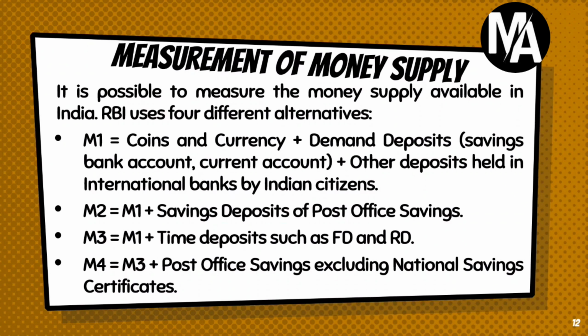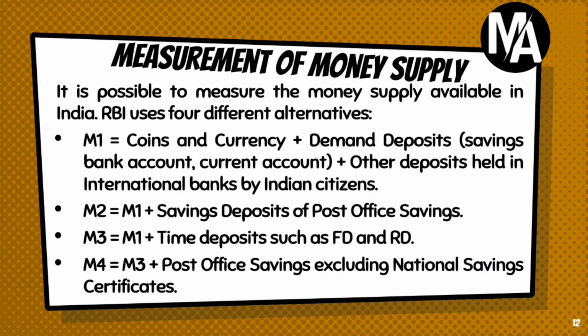Now, what is the difficulty and why is it kept in M2? It is kept in M2 because the deposits in post office savings bank account are very difficult to withdraw. Basically, there is a limit set for the deposits of post office, which means if you want your entire money, it will be impossible.